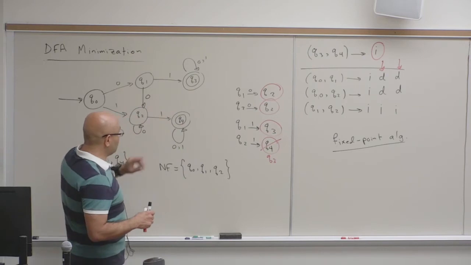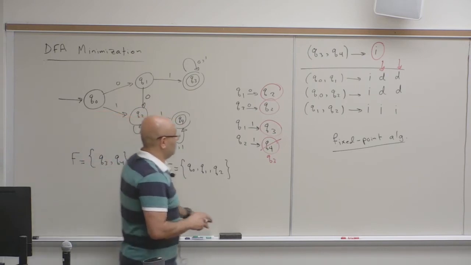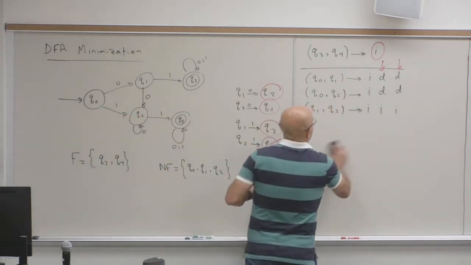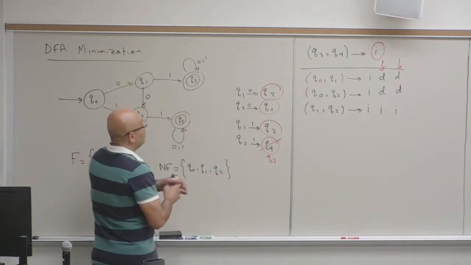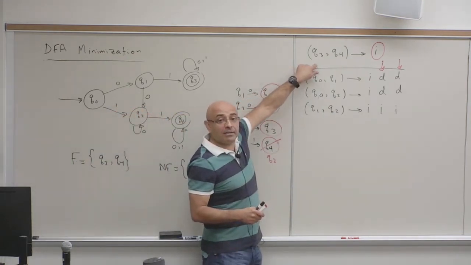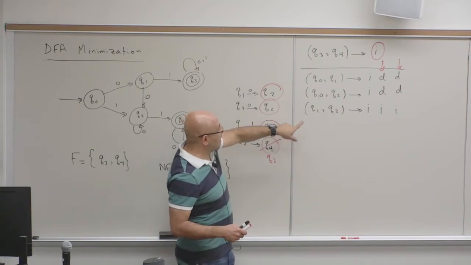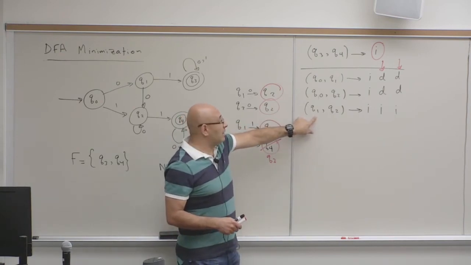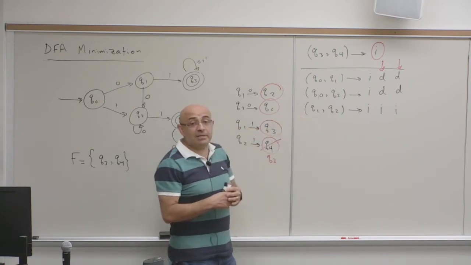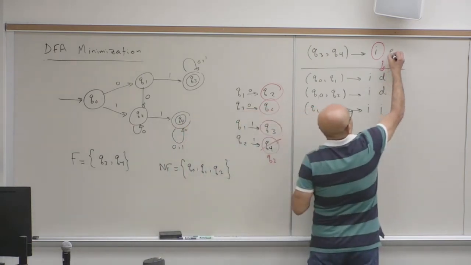Now, before we move on, what did this algorithm tell us? It told us that Q3 and Q4 are indistinguishable, and that Q1 and Q2 are indistinguishable. So indistinguishable is equivalent.